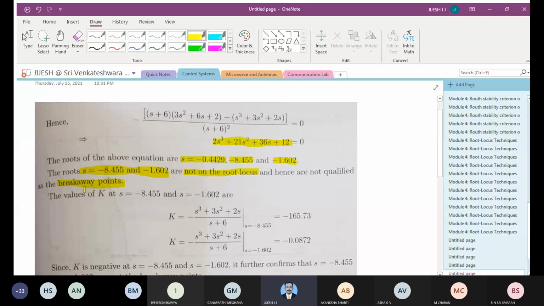Then you can find the value of k at these 2 points. At these 2 points, k you will get it as minus 165.73, and k you will get it as minus 0.0872.